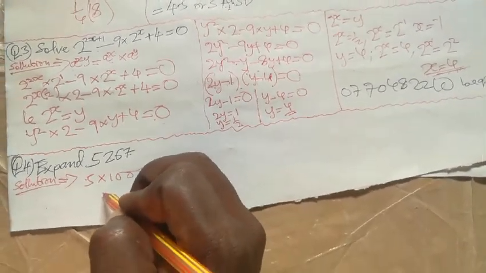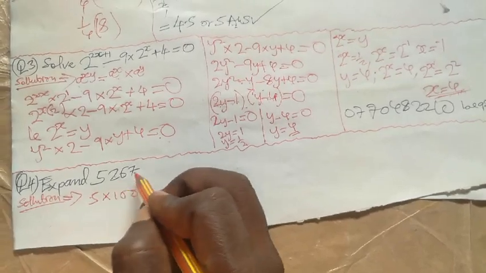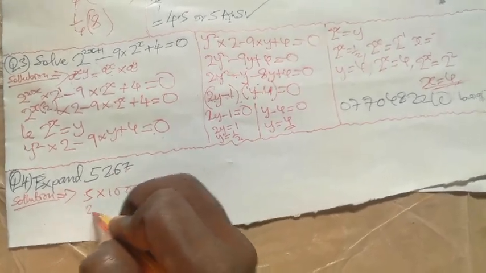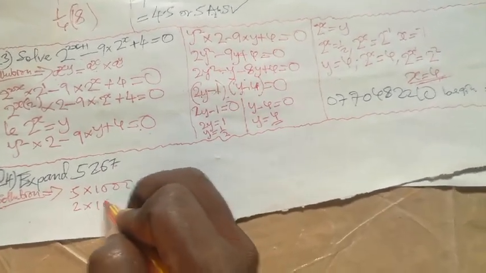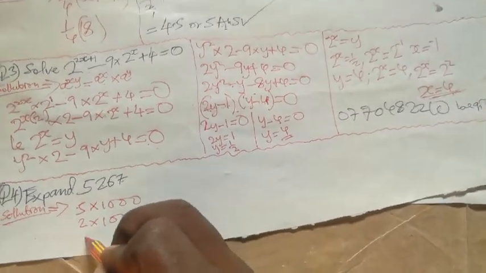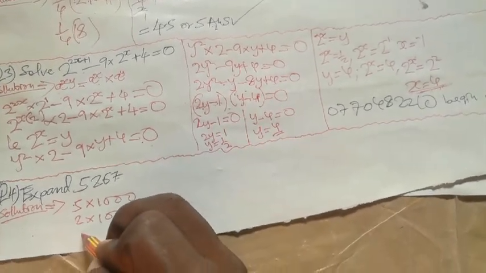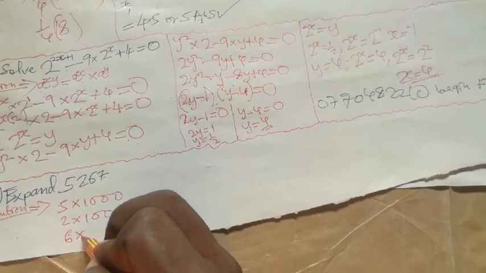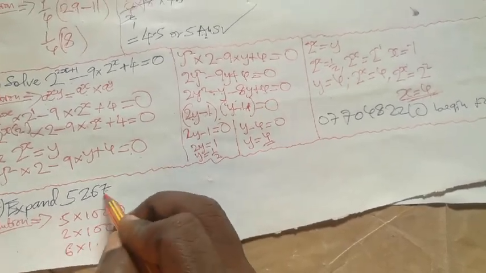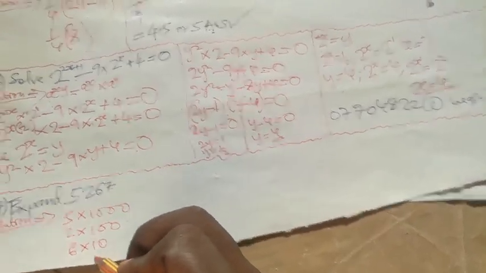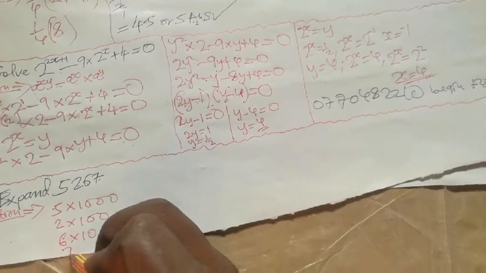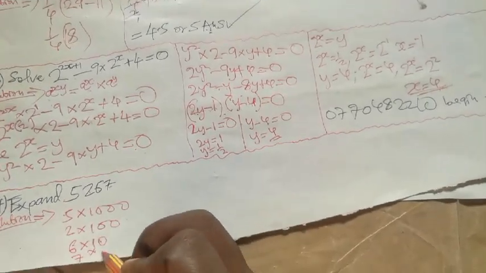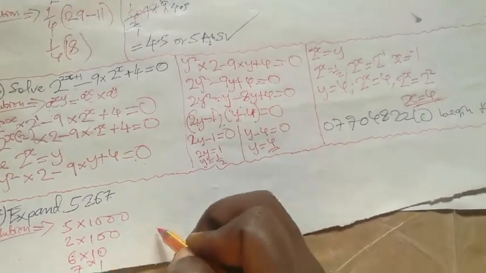Then 2 is in hundreds, 2 times 100. Then 6 times 10, and 7 times 1, because this is in ones.